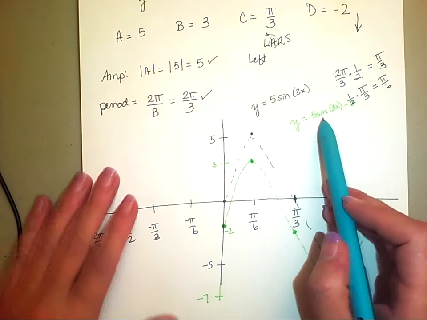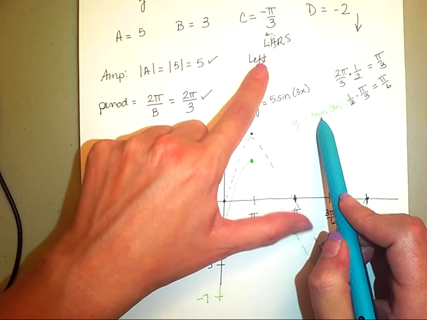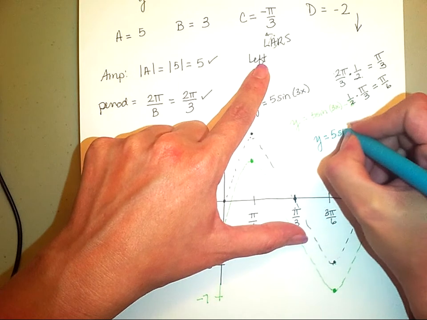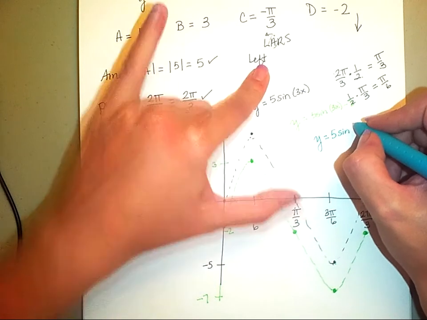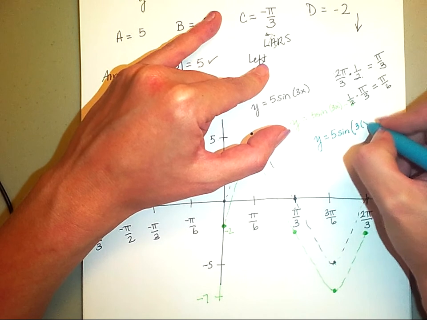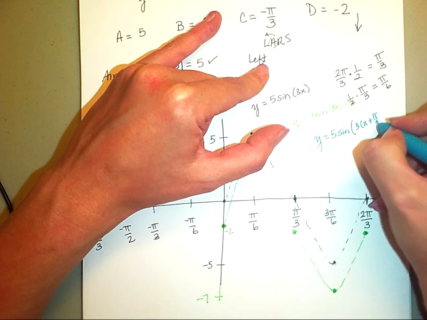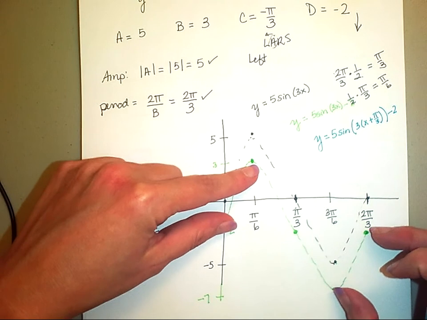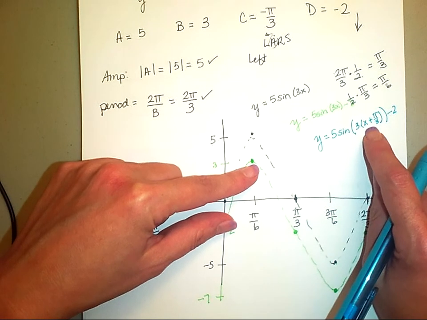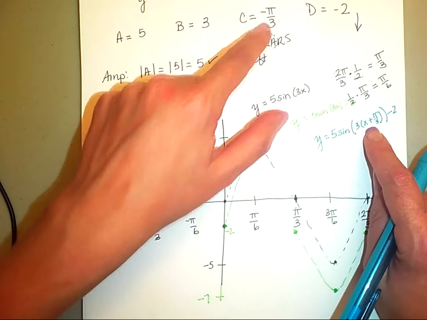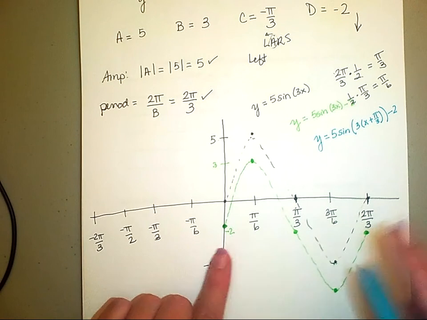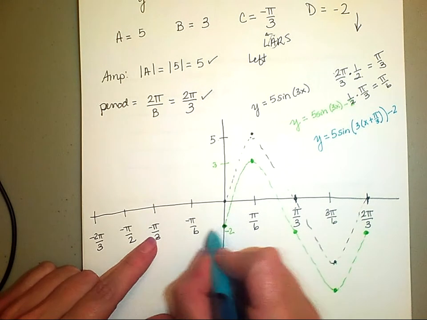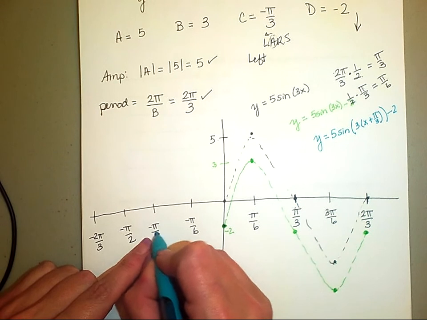Now we haven't taken this into account. We're going to do y is equal to 5 times the sine of 3 times x plus pi over 3, minus 2. We're going to take this green graph and we have to shift it. Because we're adding, we're going to the left, pi over 3 units. So this is 0, and I want to go to the left pi over 3 units. Now this point comes here.